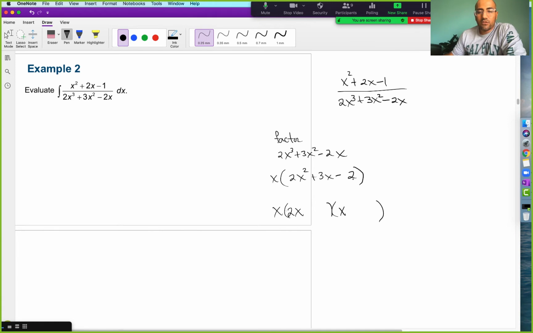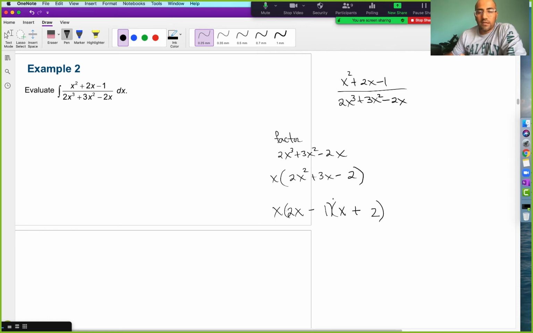And the fact that this is a 2, well, there's only a couple ways that can happen. Either there's a 1 here and there's a 2 there, right? That's going to give me a product that equals 2. But I need it to be minus, so I need one of them to be a negative. So maybe this one's a minus and this one's a plus, or maybe the other way around, right? So I can play around with this in a couple of ways and then check to see if it works.